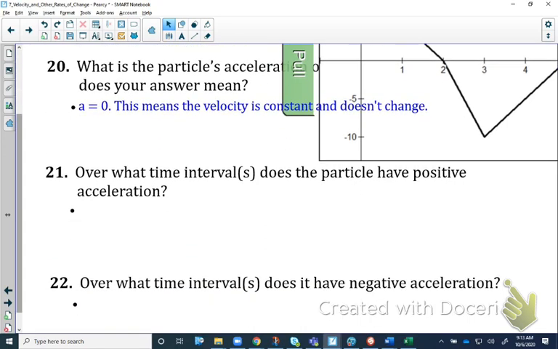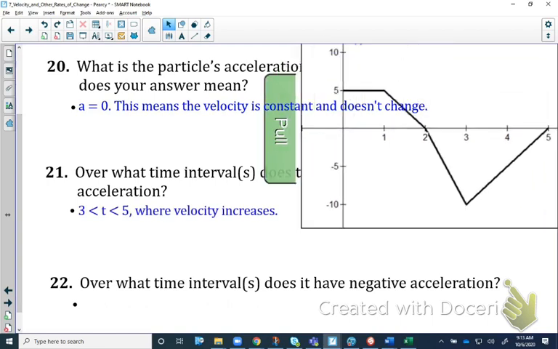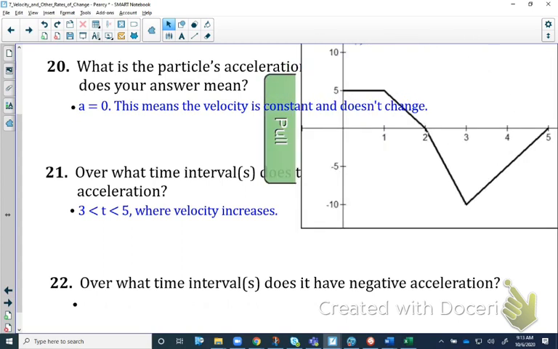Next, 21. Over what time intervals does the particle have positive acceleration? Well, this is where we're looking at having something where we're looking at the same signs for velocity and acceleration. Oh no, not that.